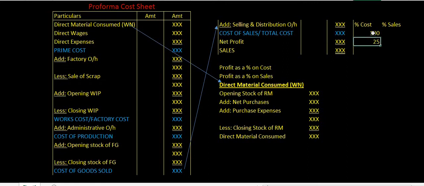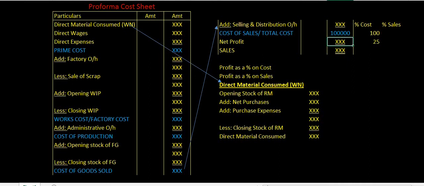Total cost multiplied by 25 divided by 100 gives you the value of your profit. That is one way of doing it. If I take an example, say my total cost is 1 lakh, and profit is given as a percentage of cost, then it becomes 1 lakh into 25 by 100 and I get my value of profit. I add my total cost and profit, and obviously I get sales.